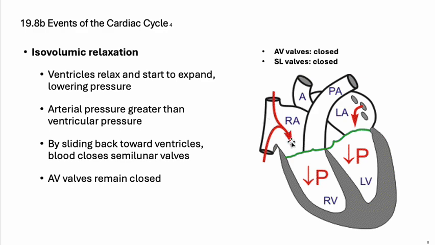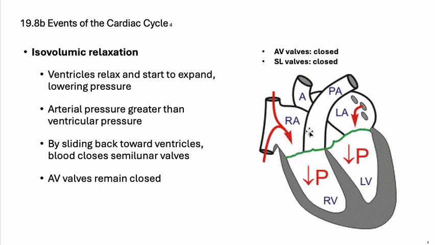Blood is flowing into the right and left atria and filling them, but the pressure of the blood in the atria is less than the pressure in the ventricle. So our valves are going to stay shut, our semilunar valves and our AV valves.